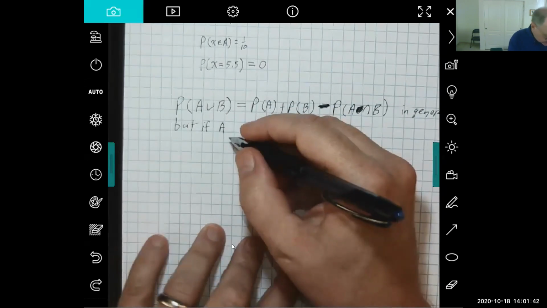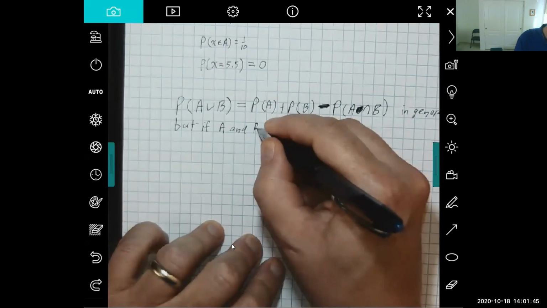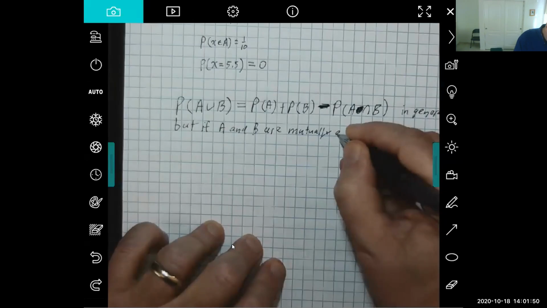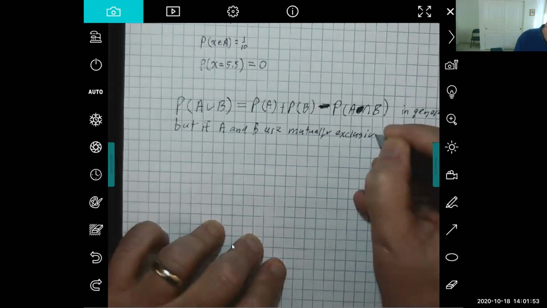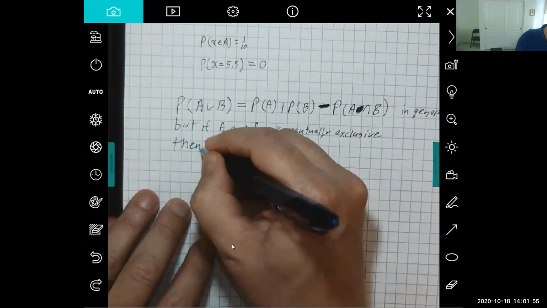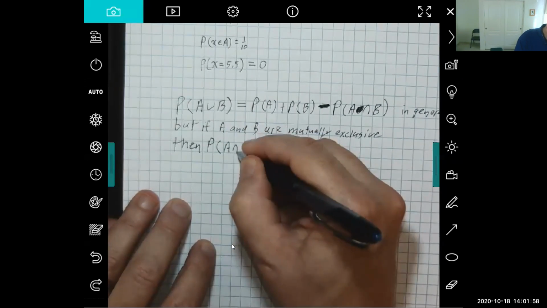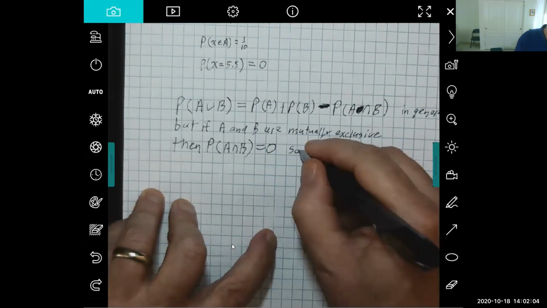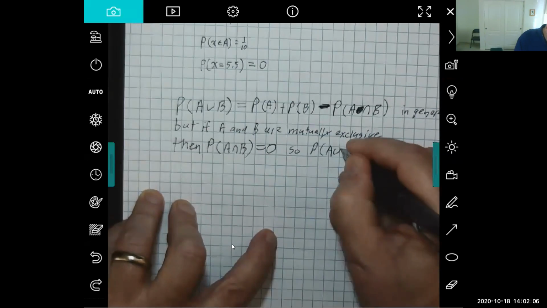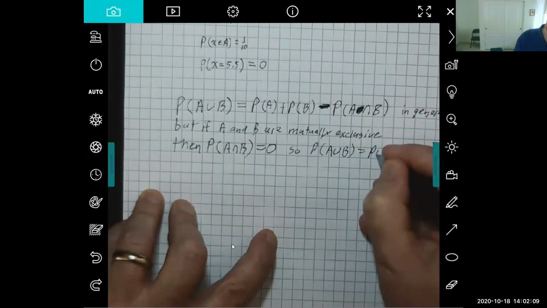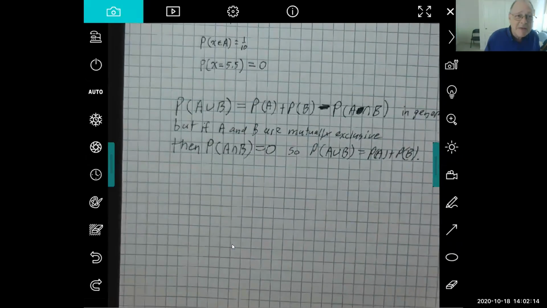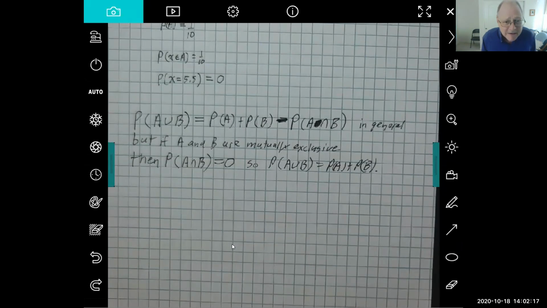But if A and B are mutually exclusive, then that last part is 0. So you could just ignore that part, and you get the probability of the union is the sum of the probabilities.